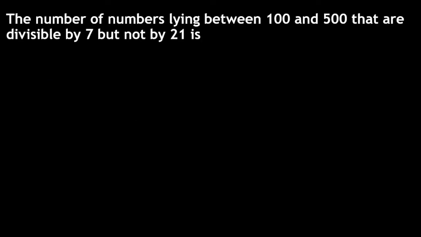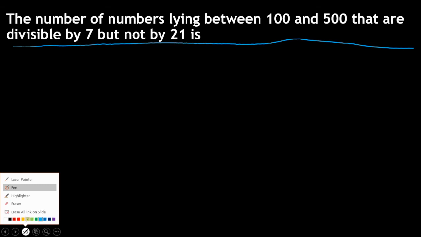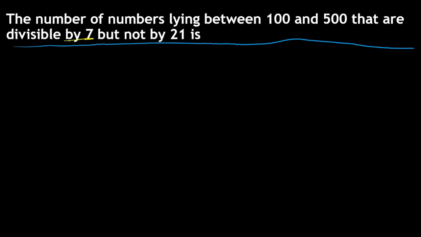All right, so let's take a look at this question. The number of numbers lying between 100 and 500 that are divisible by 7, but not by 21, is what? So we want to find all the numbers that are divisible by 7, but not by 21, right?